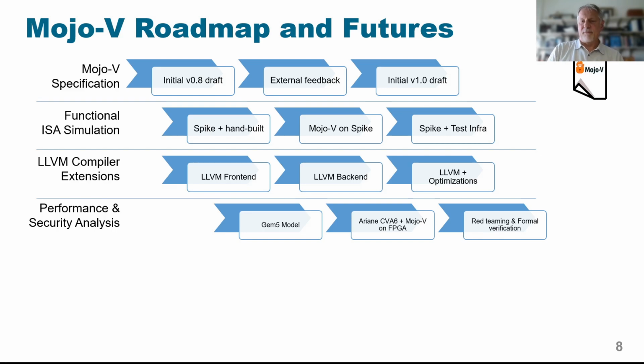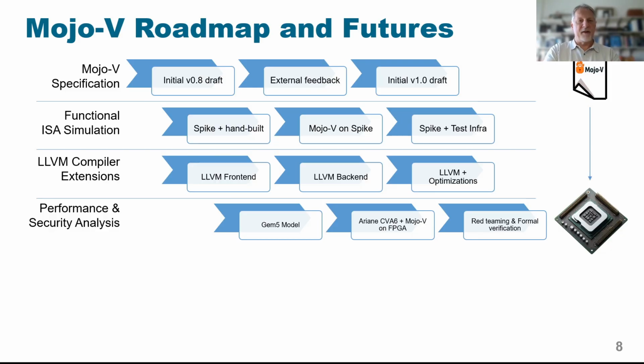That will be a platform for a red teaming exercise where we'll hire a team to try to penetrate that target. Having that RTL-level implementation will also allow us to proceed with formal verification on that design. So we go from spec to working system, and all of this will be open.